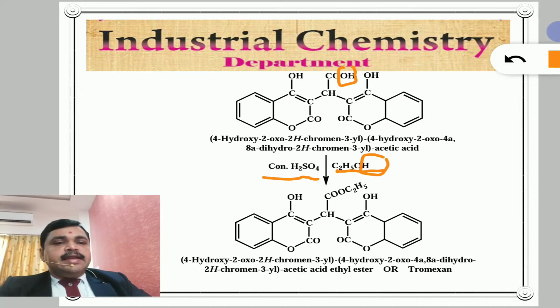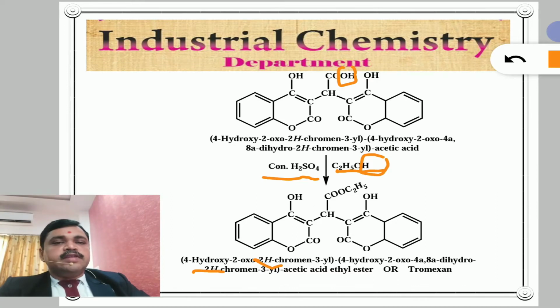In this chemical name, H indicates hydrogen, so we also call it chemically 4-hydroxy 2-oxo 2H-chromane 3-yl acetic acid ethyl ester.